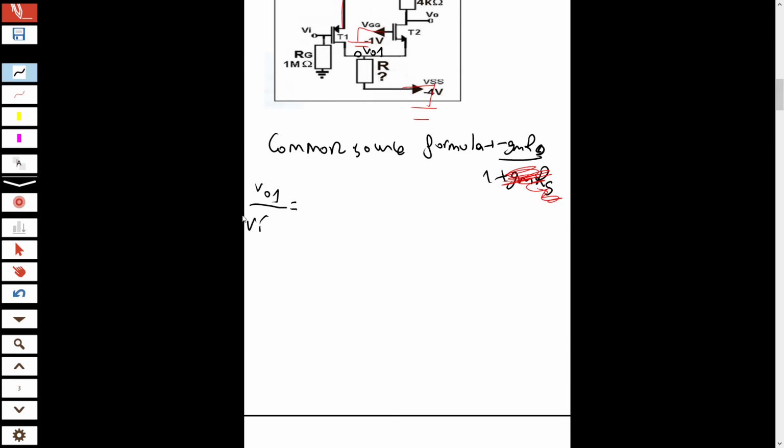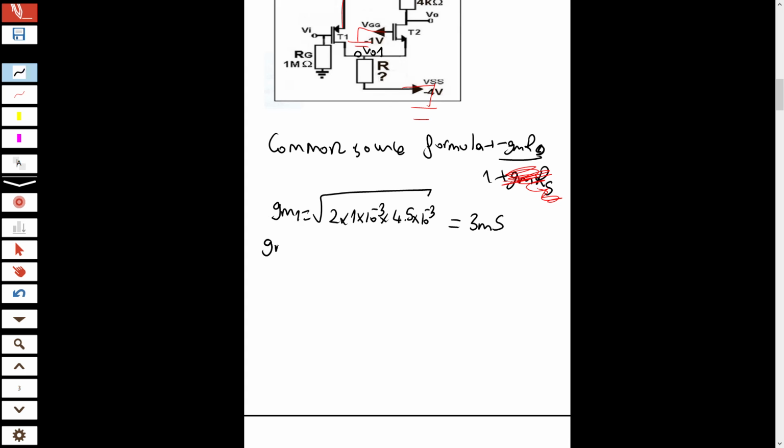Before doing this, we should calculate the GM1 and GM2 values. GM1 equals 2 times beta, 1 milliampere per volt square, times 4.5 milliampere, and this makes 3 millisiemens.